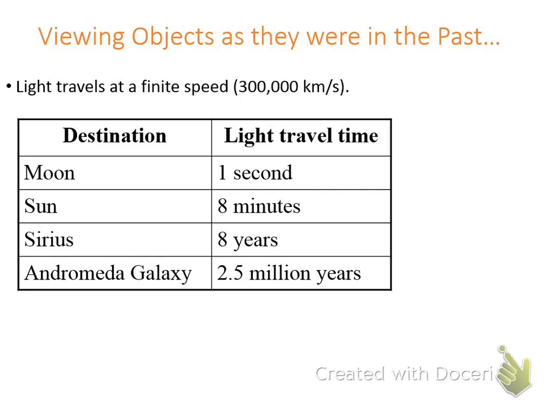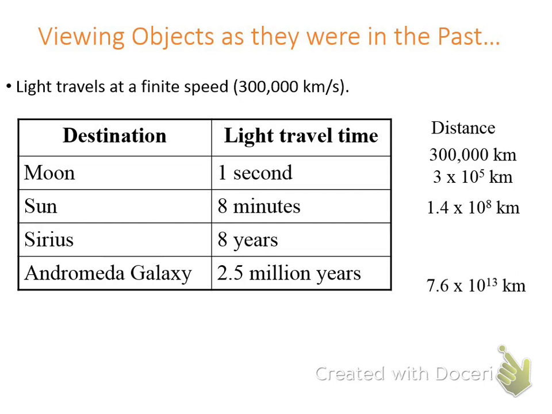It takes light 8 years to get here. So for Sirius, we would say that it is located 8 light years away. Its distance is 8 light years, 8 LY for light years.